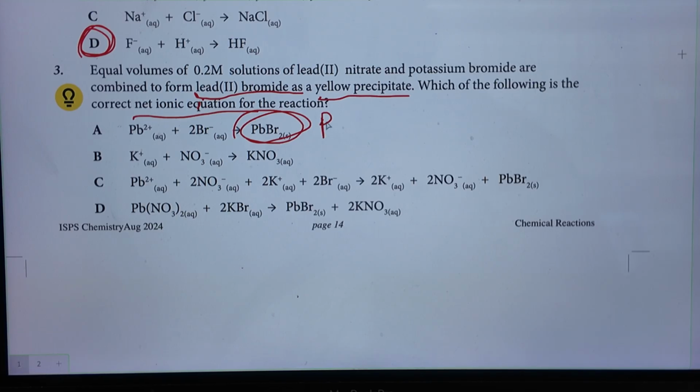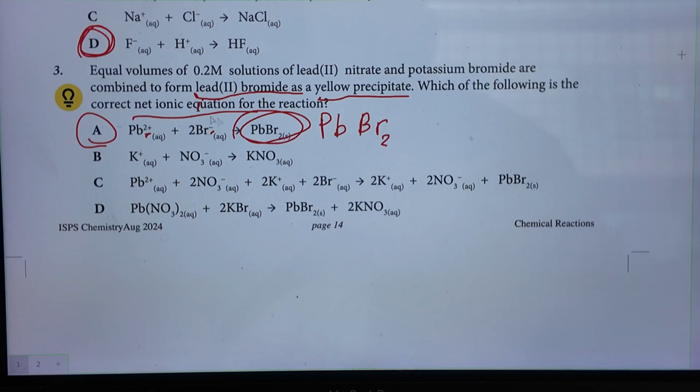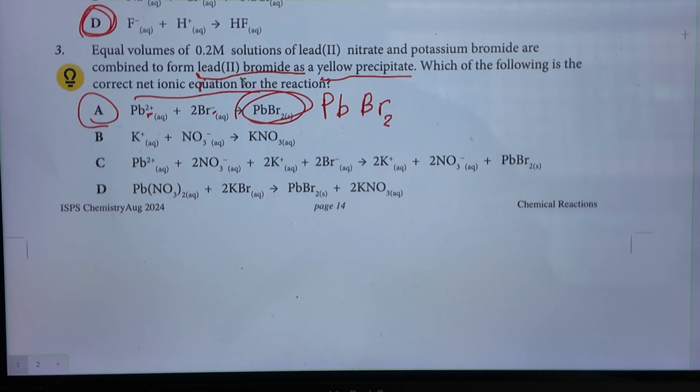Lead is Pb, and then bromide is Br. And I guess this has a charge of positive 2, and this has a charge of negative 1, so it'd be 2 of them. So this, oh yeah, it does have a charge of positive 2. And this has a negative, but it's 2 negatives, so they cancel out, and so that's that. So yeah, so when they ask you for net ionic equation, it's about just what changes.